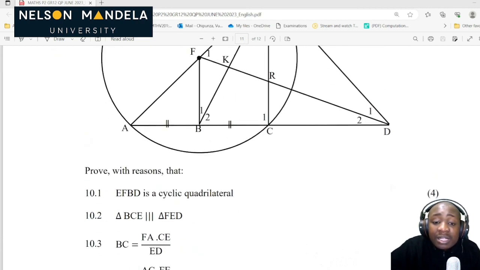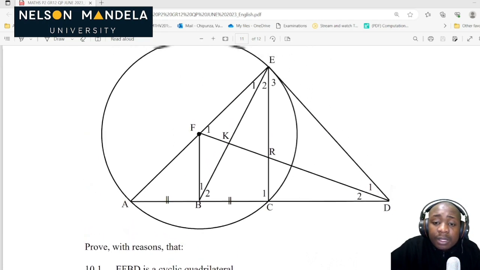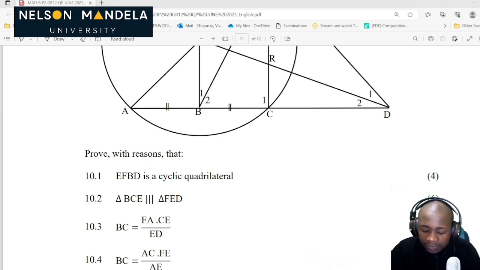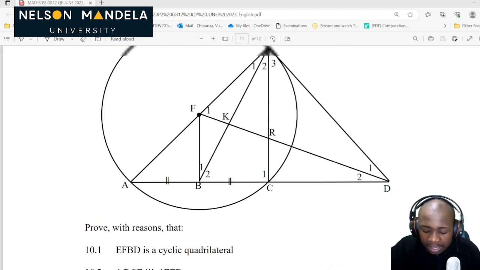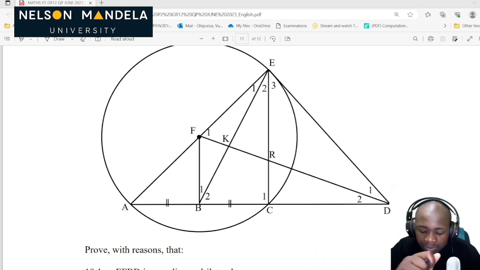How can we prove that EFBD is a cyclic quad? To prove that, it's so easy, because we can see that FE is perpendicular to DE. Why?